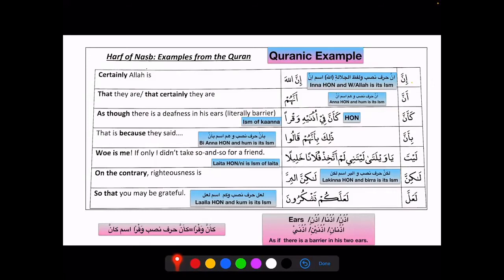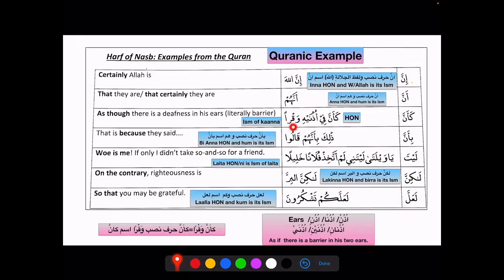Now anna, annahum, we did that, right? So anna is harfu nasab, wahum is ismu anna, right? So this is how we're going to label it. Ka'anna fi uzunayhi waqara, we did that already. So ka'anna is our harfu nasab, and waqara is basically ismu ka'anna.